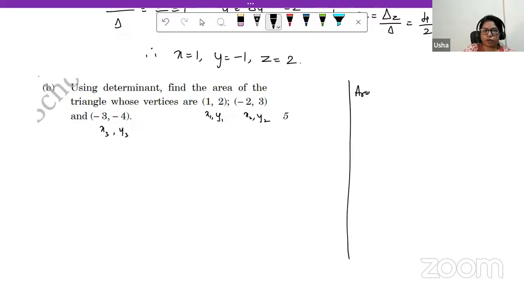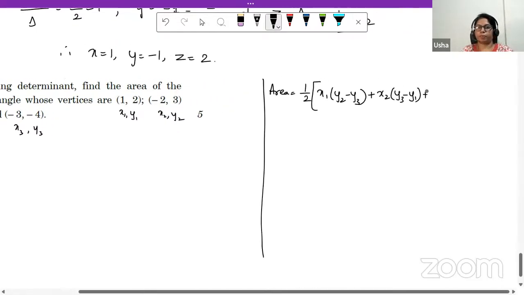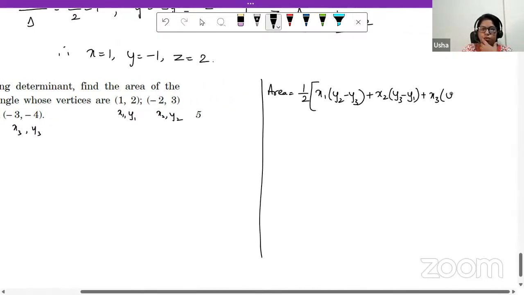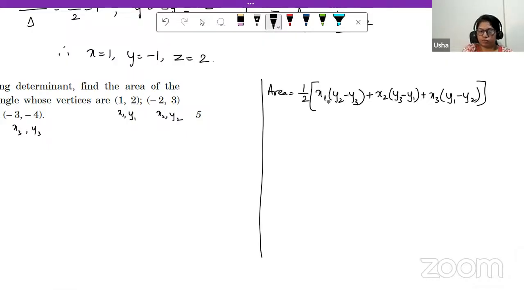So area of the triangle is half into x1 into (y2 minus y3) plus x2 into (y3 minus y1) plus x3 into (y1 minus y2). See, numbers will come in a cyclic order: 1, 2, 3; 2, 3, 1; 3, 1, 2. Numbers will come in cyclic order.